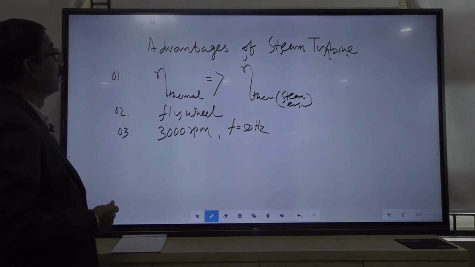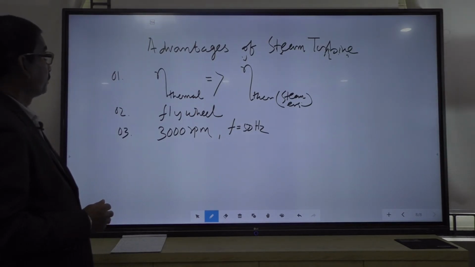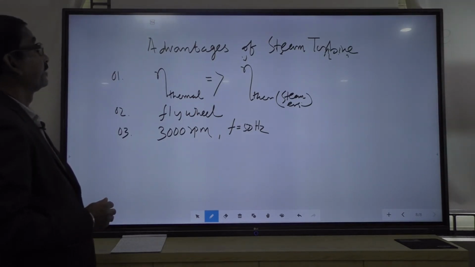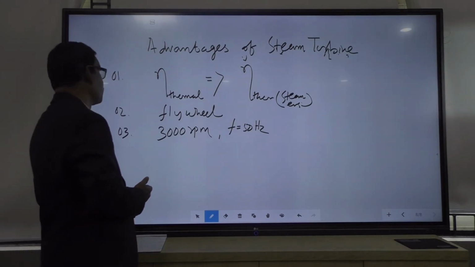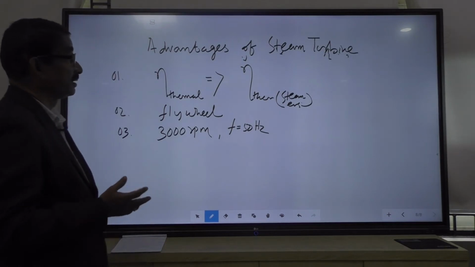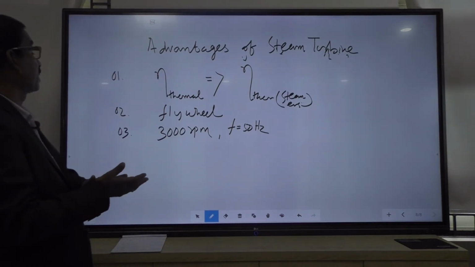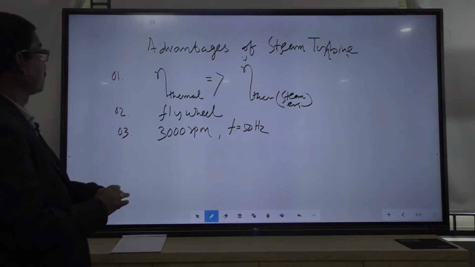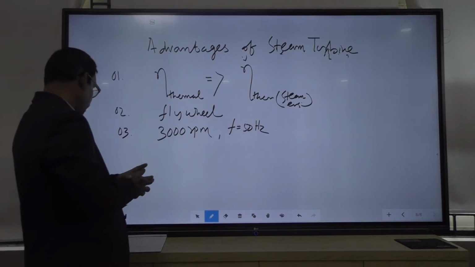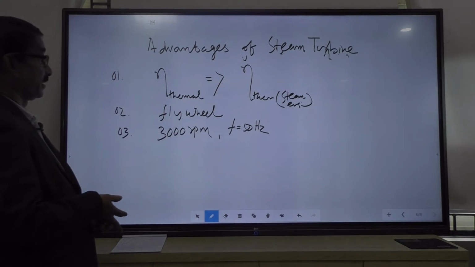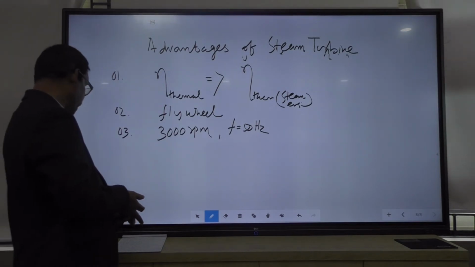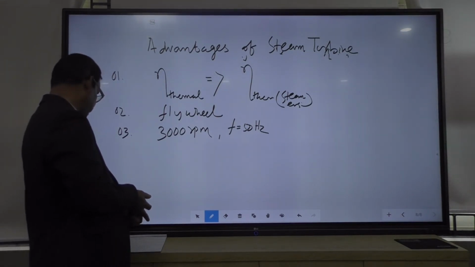Here the steam turbine rpm is very high. It may be much more than 3000, but we have to limit the steam turbine to this limit by a governing mechanism. So the speed range of the steam turbine is very high.